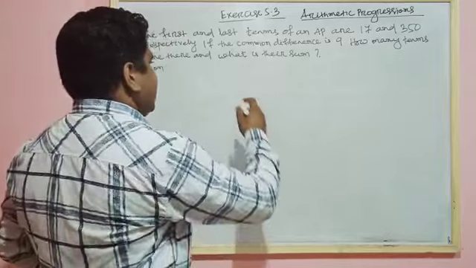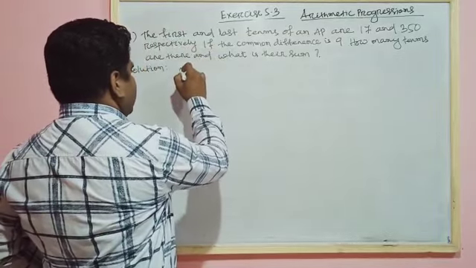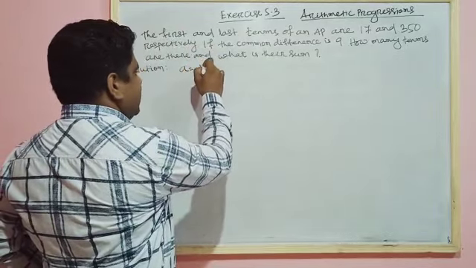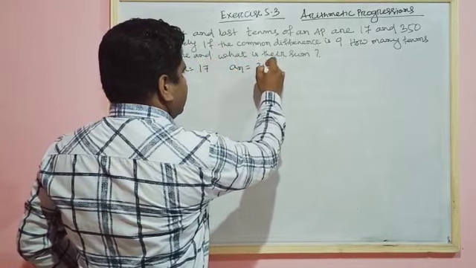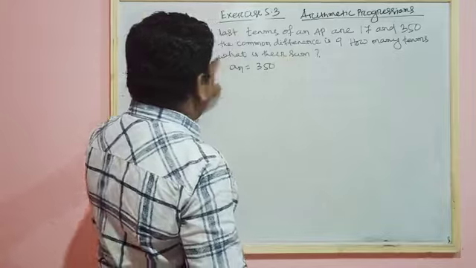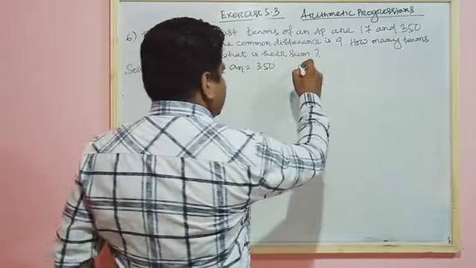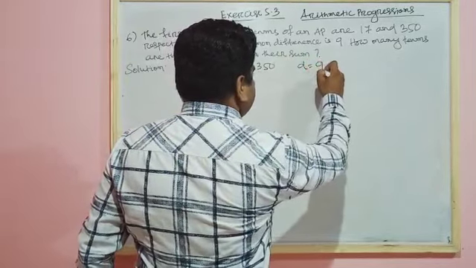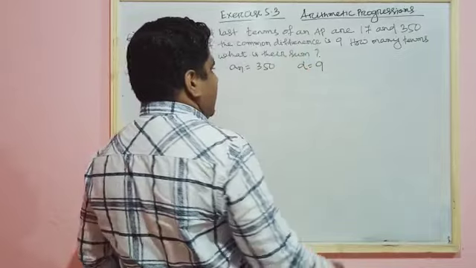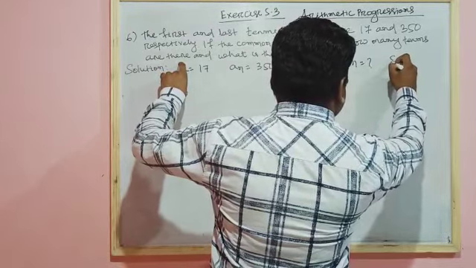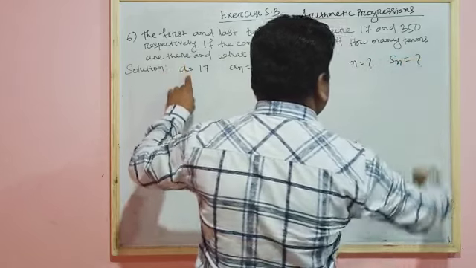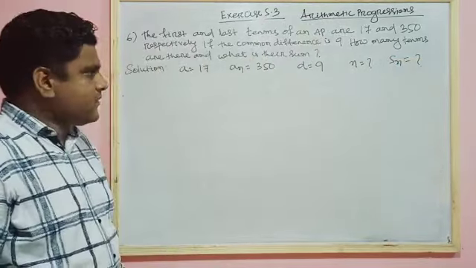It is given that the first term a equals 17 and the last term an is 350. Also it is given that the common difference d equals 9. We have to find how many terms are there, means we have to find n equal to how much, and the sum of all terms.